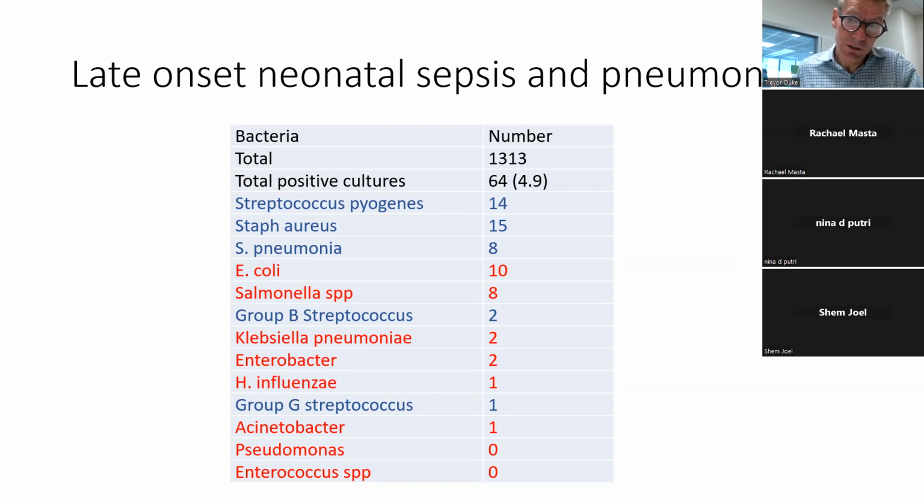So it's just that distinction between babies that have early onset and late onset neonatal sepsis and pneumonia. And it's useful to know where that comes from, the reasons why that might be.